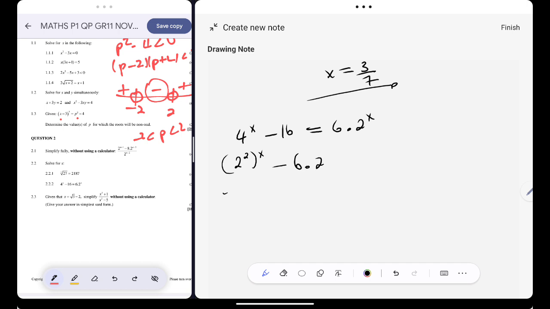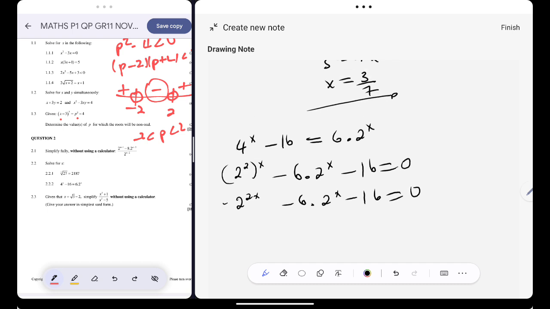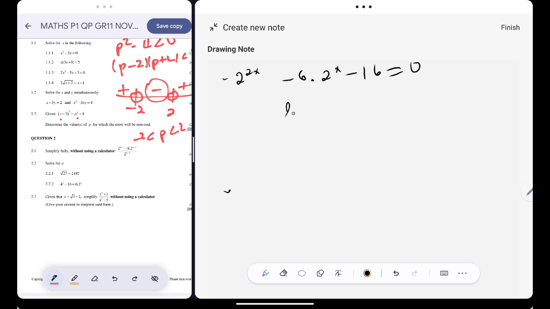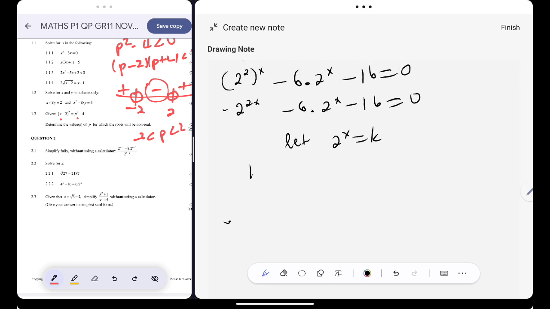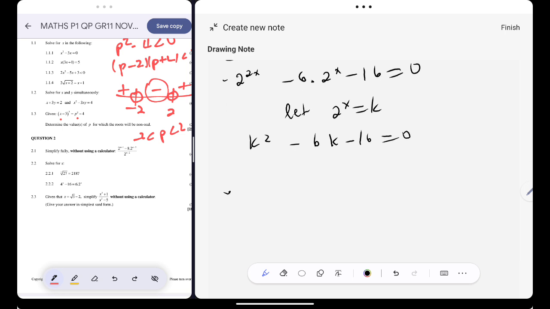Minus 6 times 2 to the x. This is the same as 2 to the power 2x. So here I'll just say let 2 to the x be equal to k, just to make my life simpler. I'll have k squared minus 6k minus 16 is equal to 0.